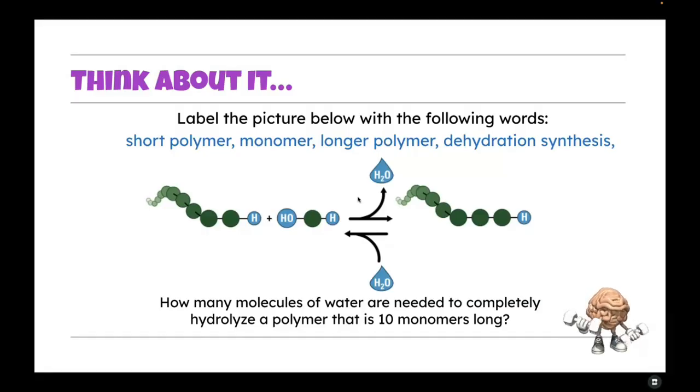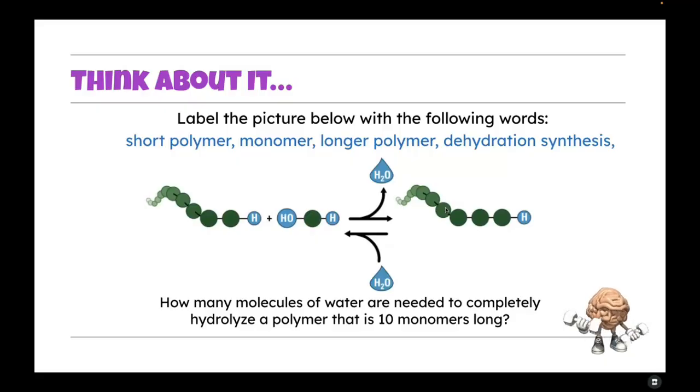So then you're going to need 9 water molecules in order to completely break down the polymer. All right, so that's how you solve it. You figure out how many bonds are connecting them, and then that's the amount of water you need. Okay. And so the general rule is for the amount of monomers, just subtract 1.